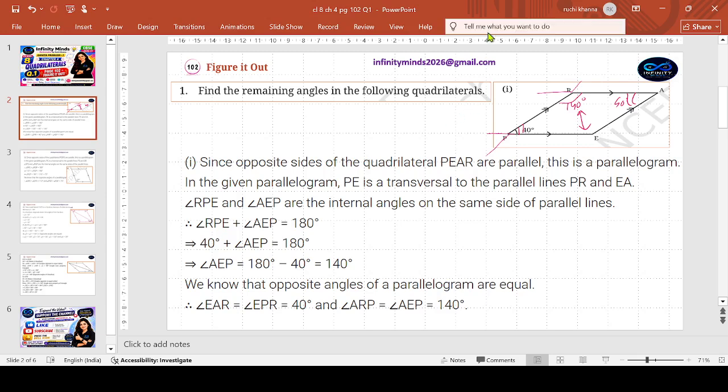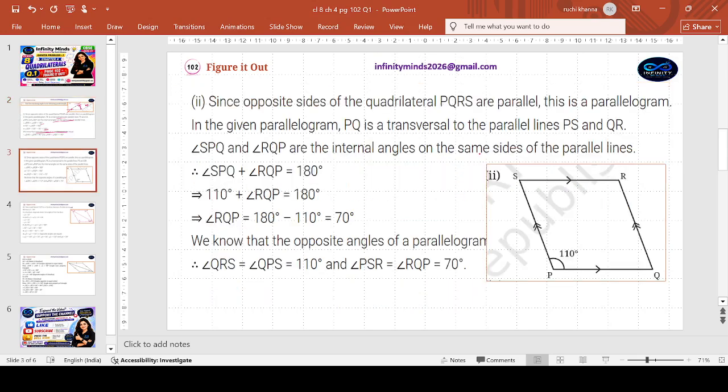So this is the transversal. Interior angles on the same side of the transversal are supplementary, getting this to be 140 degrees, and then opposite angles of a parallelogram are equal. From that, you should be able to solve this.